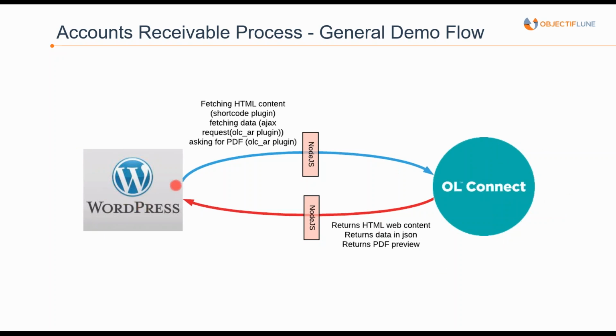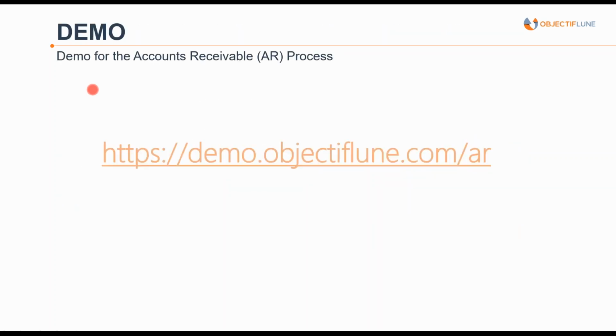When you browse a web page of the demo, WordPress sends a request to Well Connect using Node.js, which improves security. Well Connect can send back WordPress HTML web content, data in JSON, or a PDF preview, like an invoice preview. WordPress shows the results in the customer's browser. So let's take a look at the demo.